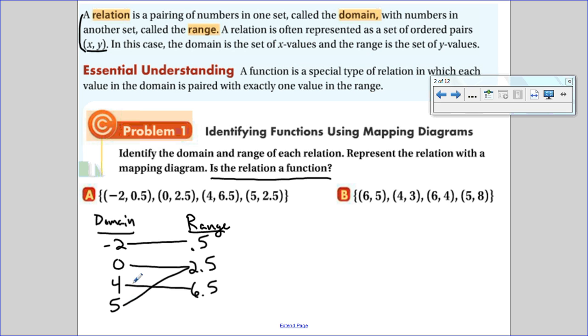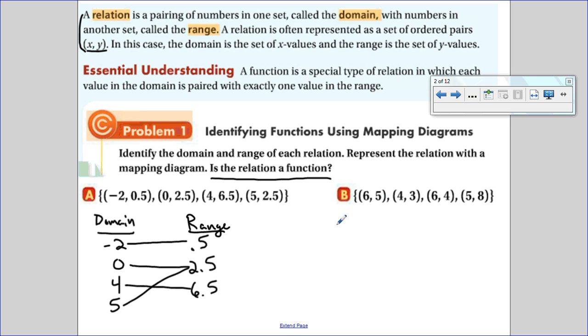Each domain value can only be mapped to one range value. So again, write that in your notes: each domain value can only have one line going to a range value in order to be a function.